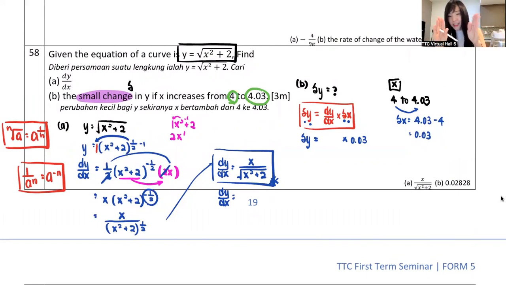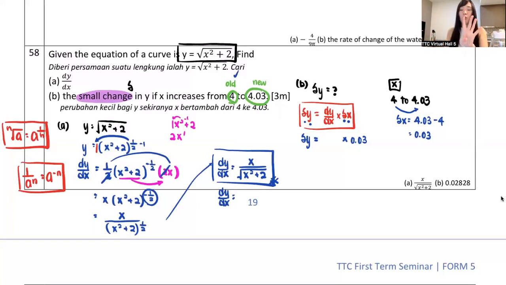Listen carefully, guys. You go from 4 to 4.03. I always tell my students, the 4 is the old x and the 4.03 is the new x, because you change from 4 to 4.03. The before is always the old one, and the after is always the new one. You will forever substitute the old one.